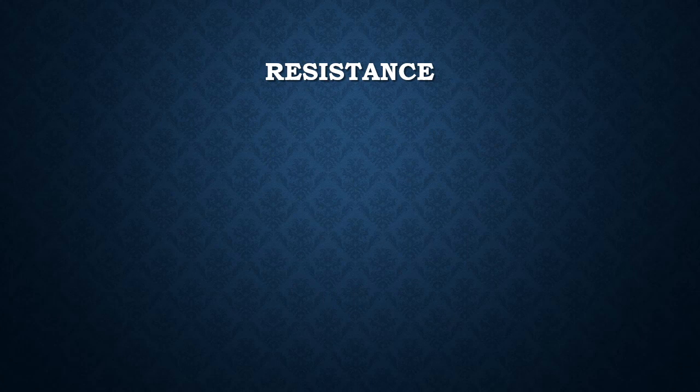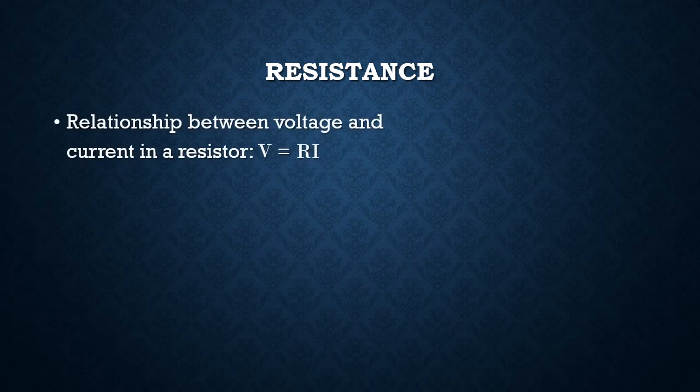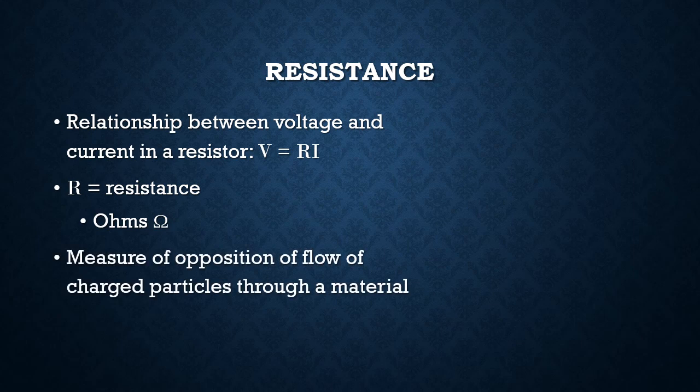Now we want to talk about resistance. Resistance describes the relationship between the voltage and the current in a resistor. In a normal resistor, voltage is directly proportional to the current. The constant of proportionality is called the resistance, and it is measured in ohms. Resistance is a measure of how difficult it is for charged particles to move through a given material, in this case, the resistor.